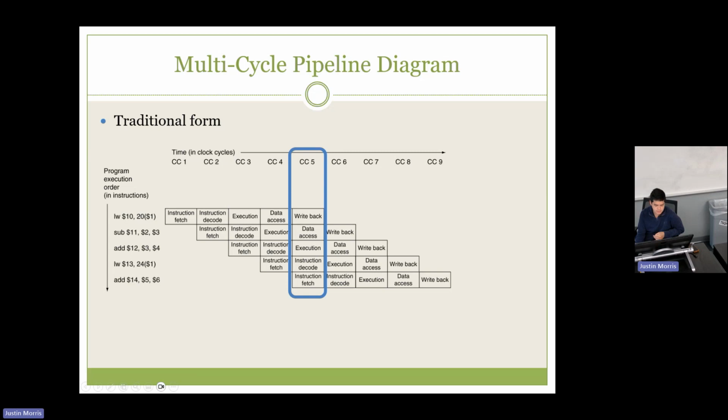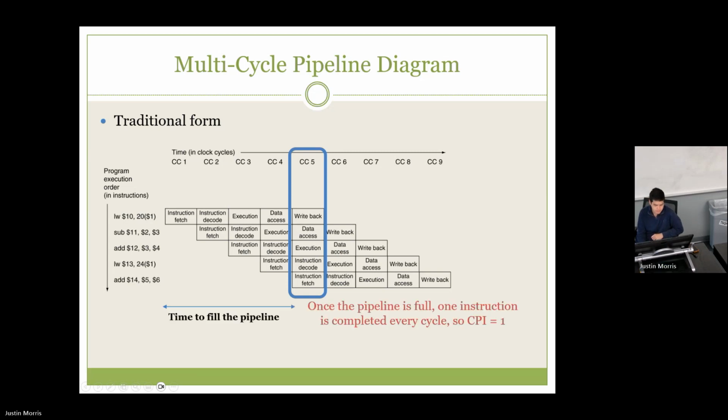And then this is just, again, highlighting that once we're in cycle 5, we filled up the pipeline. And now every single cycle, we fetch a new instruction and complete an old instruction. So we have this overhead of the time to fill the pipeline, but once the pipeline is full, one instruction is completed every single clock cycle.